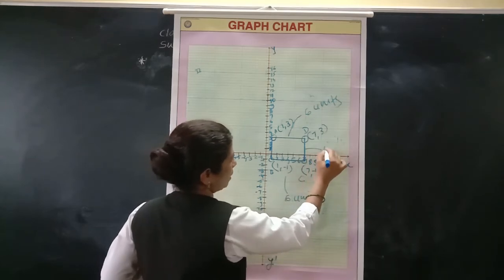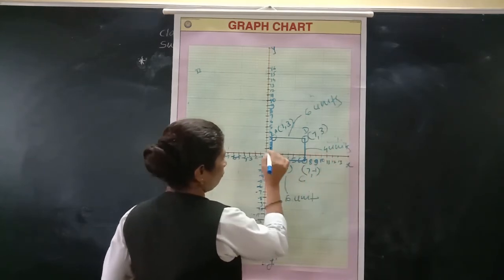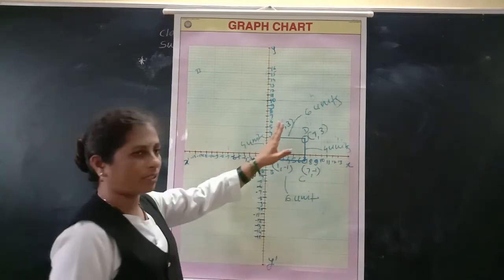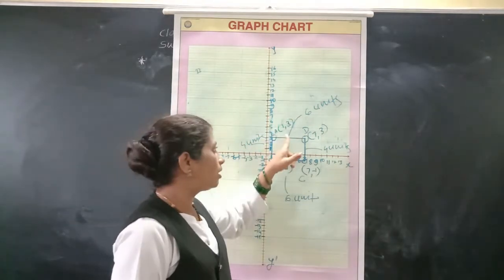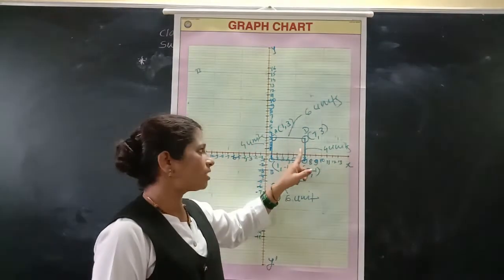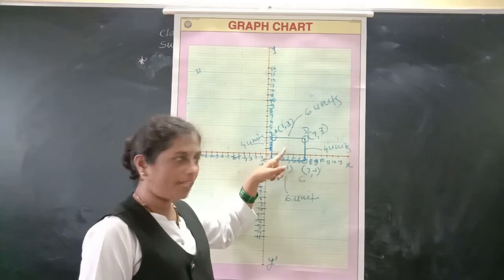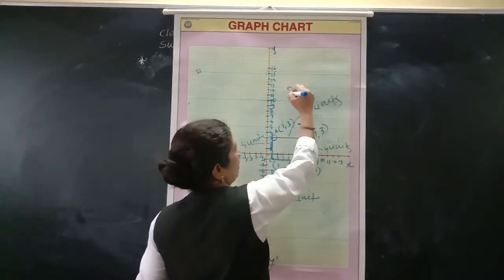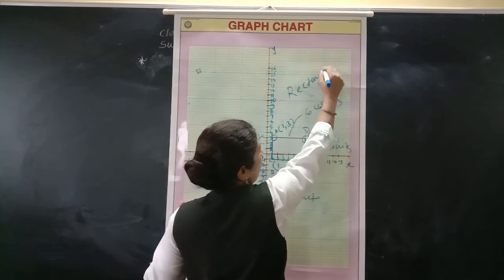So the vertical distance is 4 units, so of course here also 4 units. As in the previous example, opposite sides are equal to each other, all sides are perpendicular to each other, and adjacent sides are different. So which figure is it? Rectangle, right?